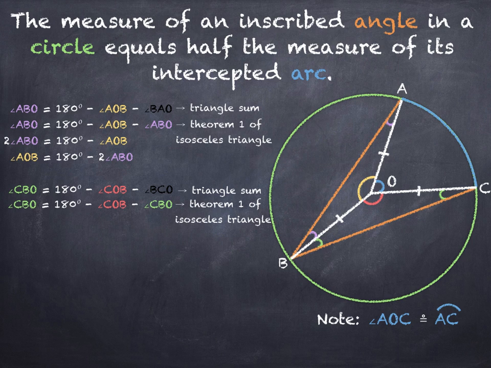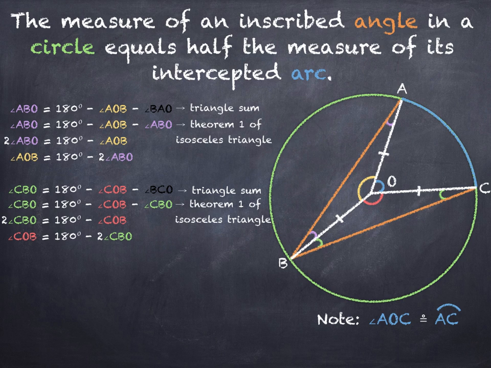By rearranging this equation, we have 2 times angle CBO equals 180 degrees minus angle COB. And again, by rearranging our equation one more time, we have that angle COB equals 180 degrees minus 2 times angle CBO.